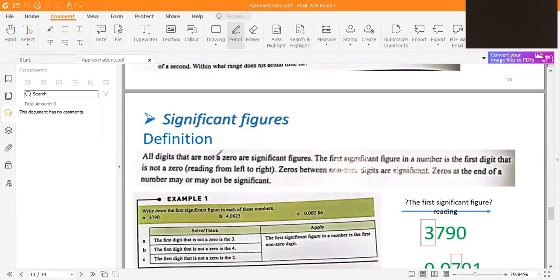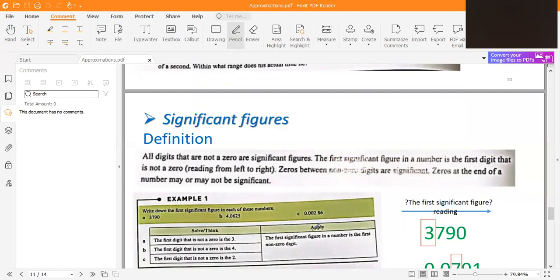All digits that are not zero are significant figures, normally in any given real number, with a decimal point or without a decimal point. So all non-zero digits are considered as significant figures.